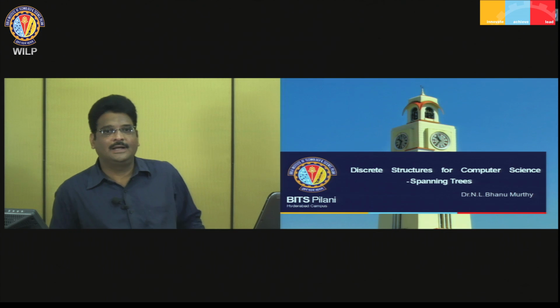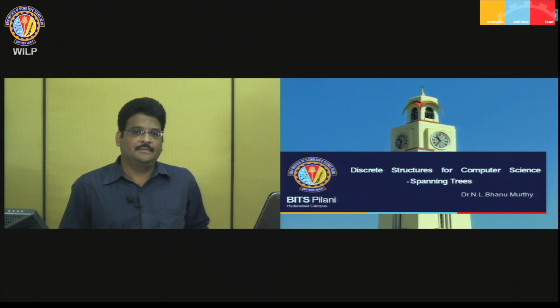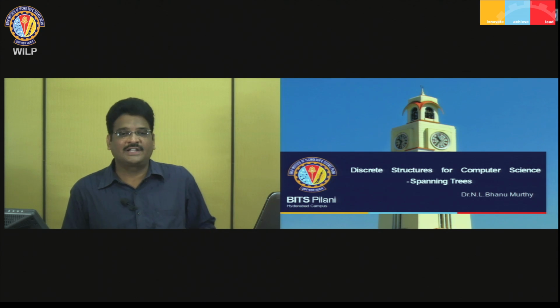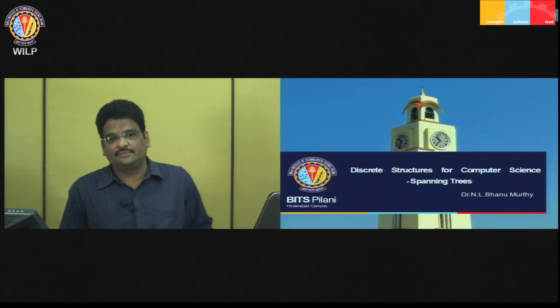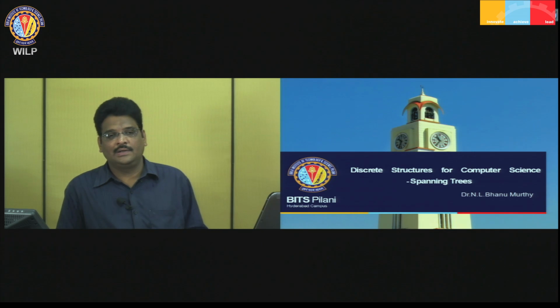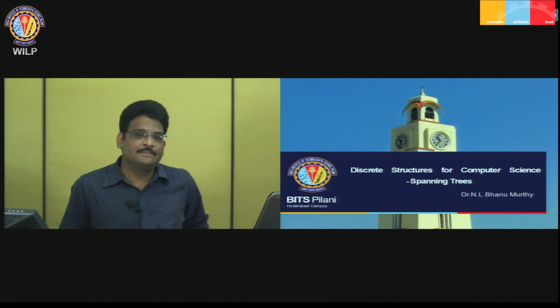Hi, hello everybody. Last class we have seen what a tree is, different kinds of trees and some properties about trees. In today's class, given a graph, we'll define what is a spanning tree of this particular graph.